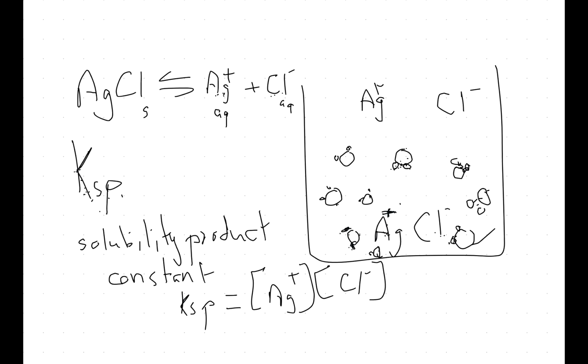This is how we write the expression for the solubility product. It's just the product side. We don't have anything in the reactant side. We have silver chloride, but silver chloride is in the solid state, and we know that solid state will not be written into the equilibrium expression, or with the solubility product.